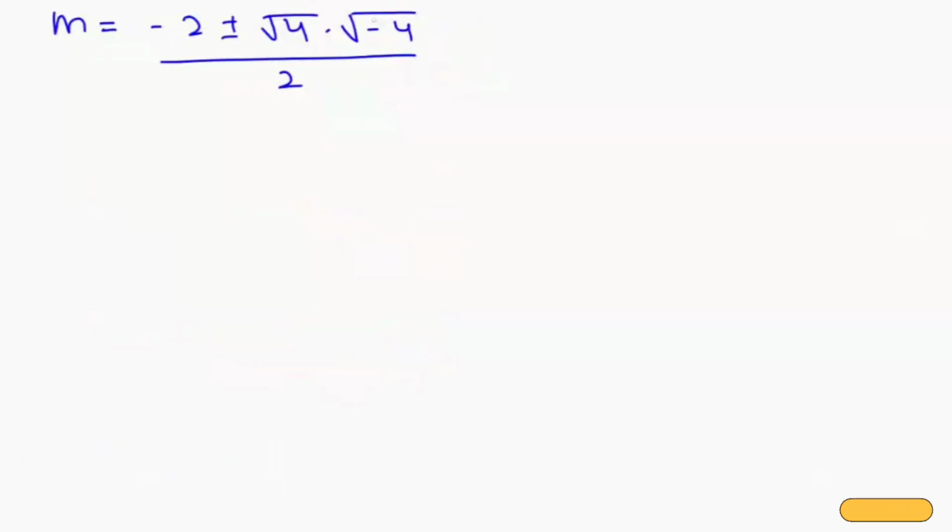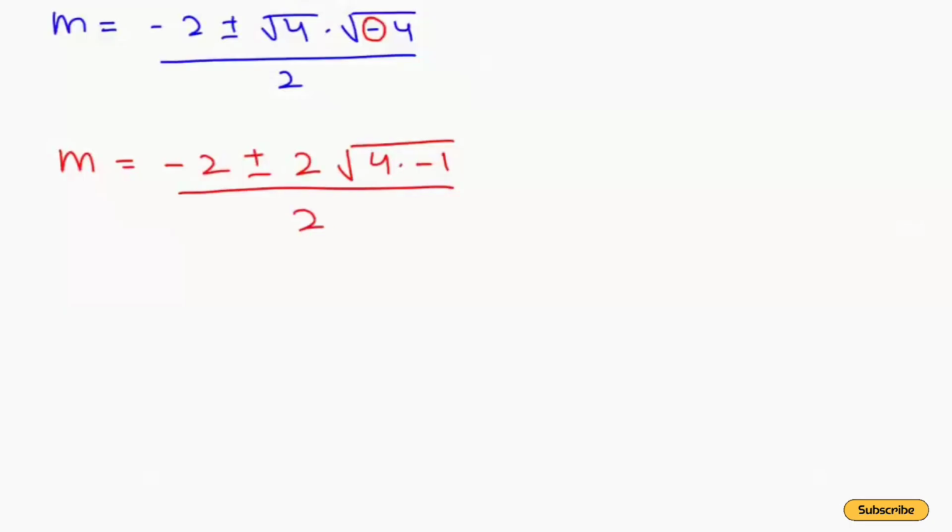Now I'm going to separate this negative sign from this 4. So I'm going to write m is equal to minus 2 plus minus root of 4, we have 2, and this I'm going to write 4 times negative 1 over 2. Again, I'm going to write this separately. m is equal to minus 2 plus minus 2 times root of 4 times root of negative 1 over 2.